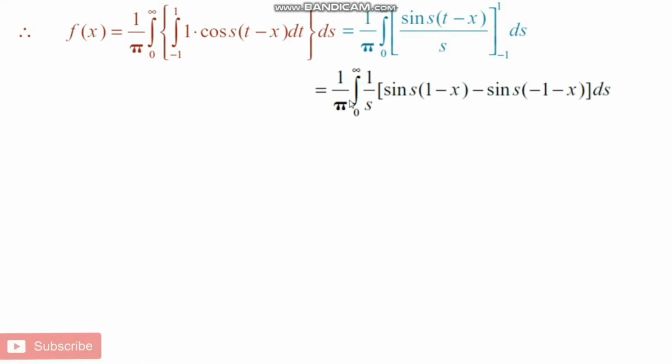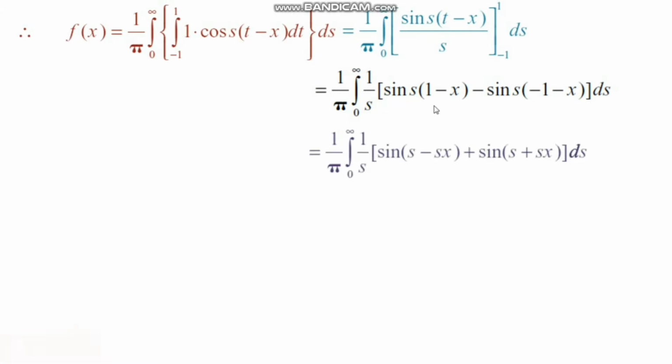1 by pi, 1 by s. When t is replaced with 1, we have sin s(1 minus x), minus sin s(t replaced with -1 minus x), ds. 1 by pi, 1 by s, sin(s minus sx) plus sin(s plus sx) ds.